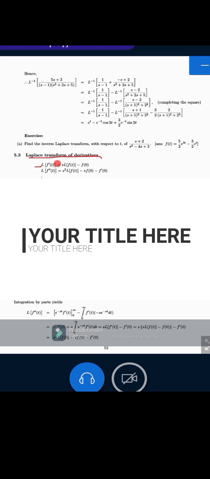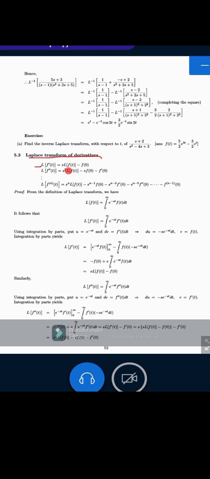It will be s times the Laplace transform of f of t minus f of 0. So this is the standard form of the Laplace transform of f prime of t. For the second derivative, the Laplace transform of the second derivative of f of t will be given in this form.